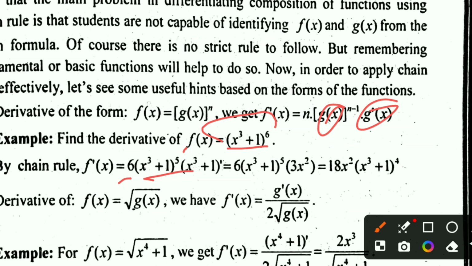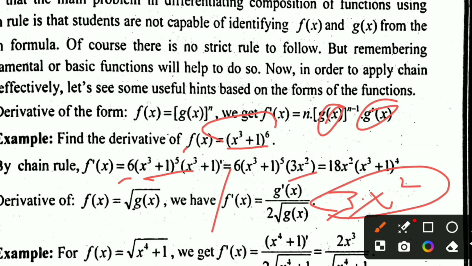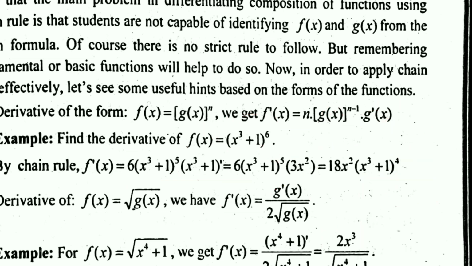The derivative of x cubed plus 1 with respect to x is equal to 3x squared. We know that from the derivative definition. So 3x squared is here, then since this is a constant, if we multiply this, it becomes 18x squared. Then here we have 5, but here we have 4. This is a typing mistake.